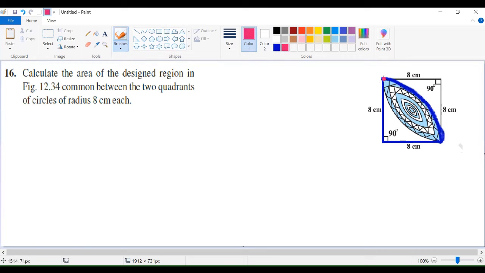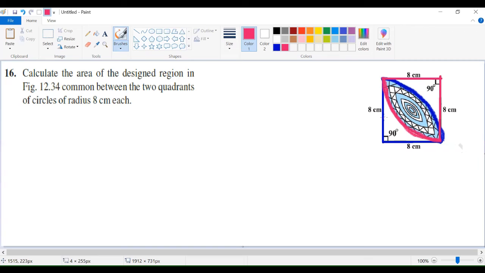And the other quadrant is this one. Now you can identify the two quadrants, is it? Okay. Now we need to find that area between them.